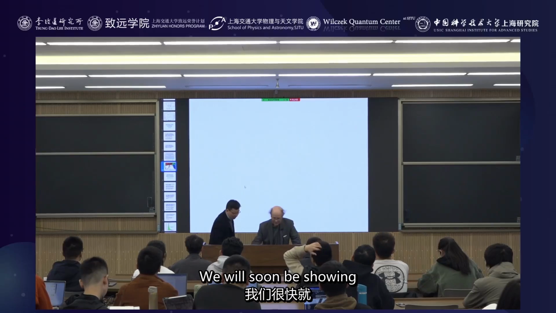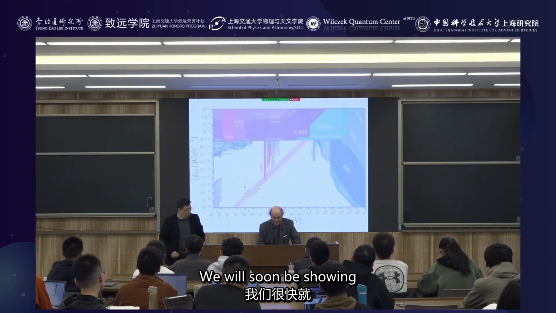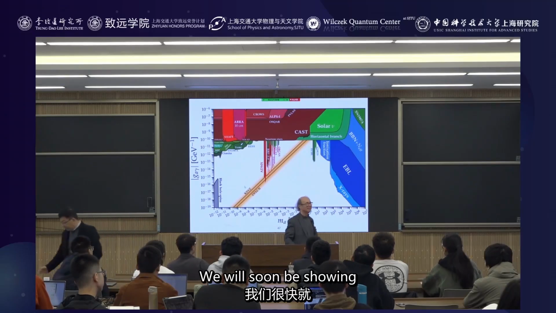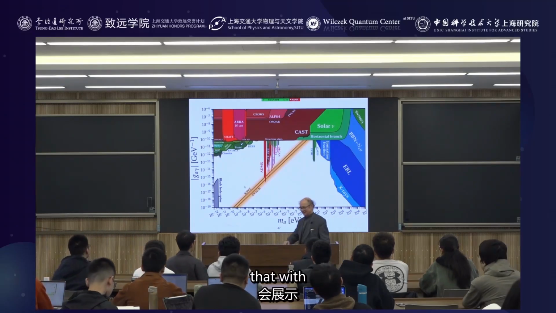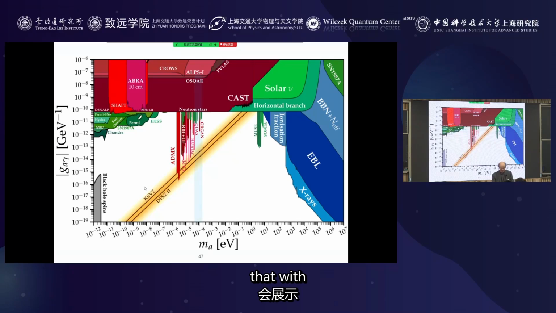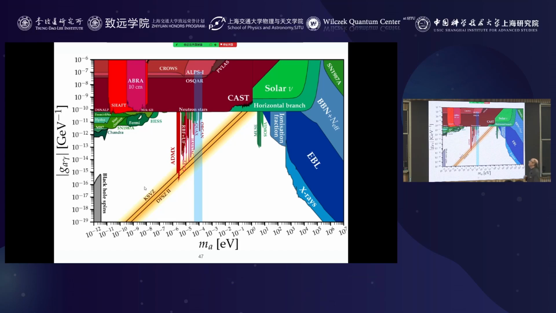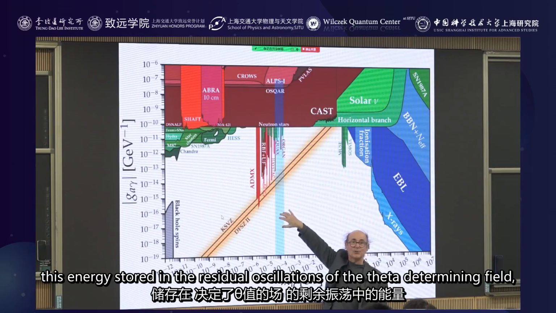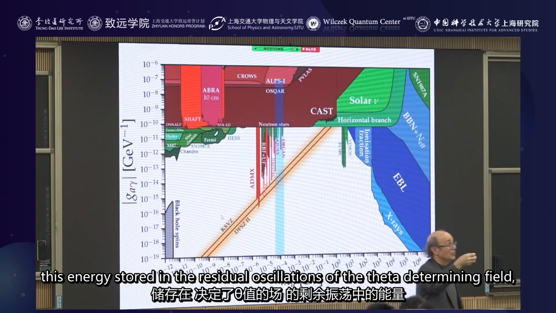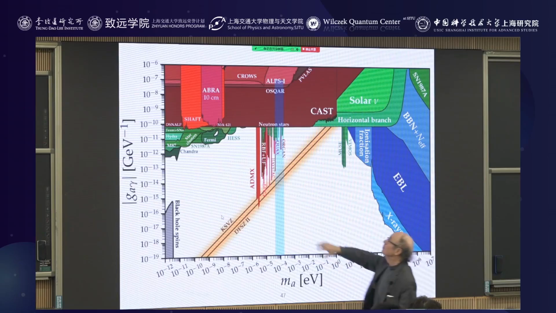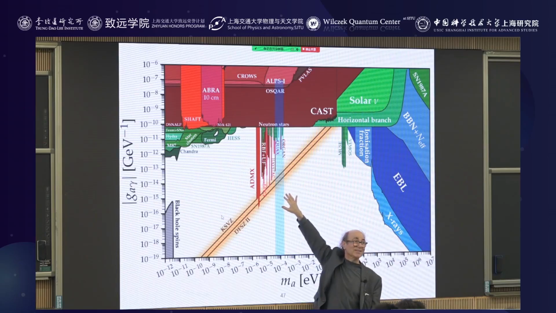So we will soon be showing that with appropriate choice of the F value, the scalar symmetry breaking, this axion background, this energy stored in the residual oscillations of the theta determining field, provides the dark matter of the universe.